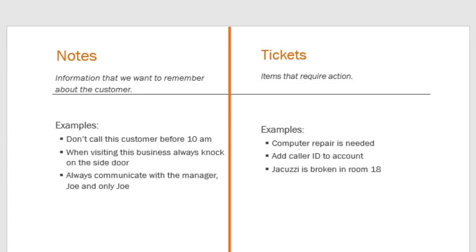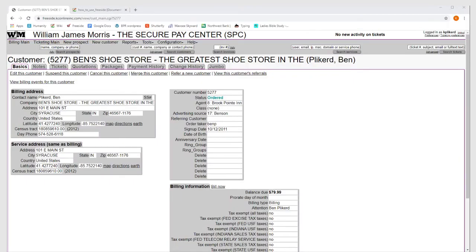Now let's go back to Freeside. There we are. And back way up to the top here. We're looking at billing main, and next over is ticketing main. So I'm going to click on that.